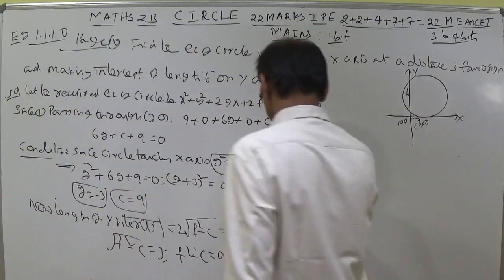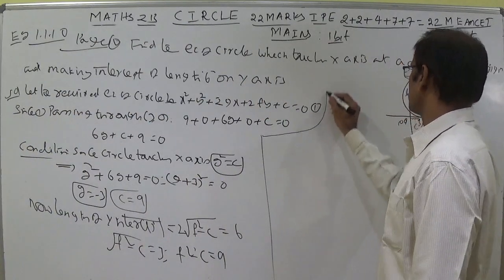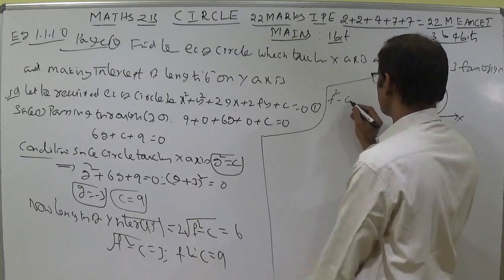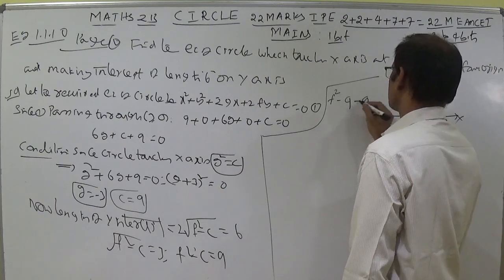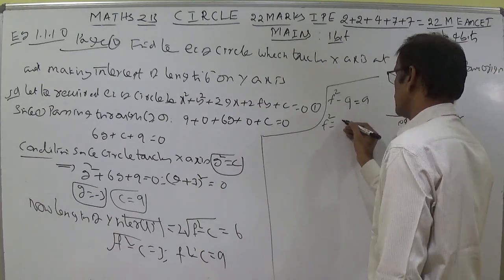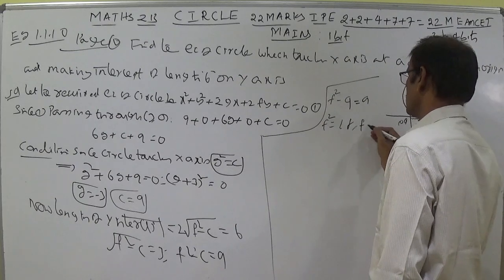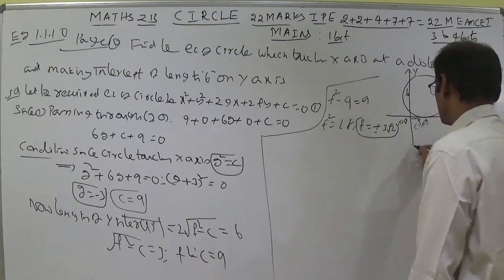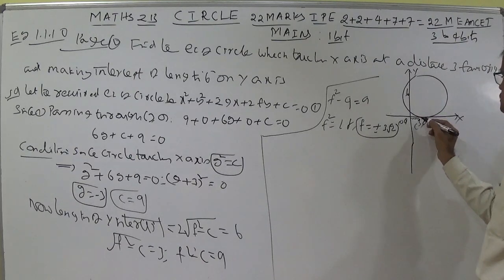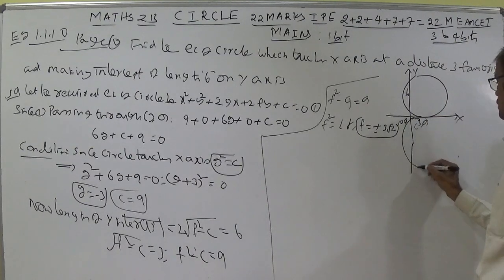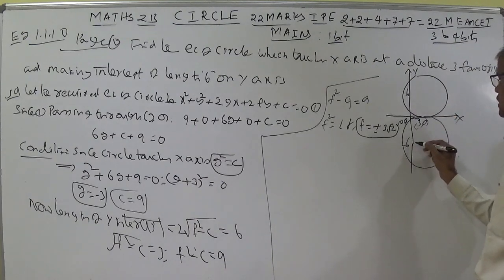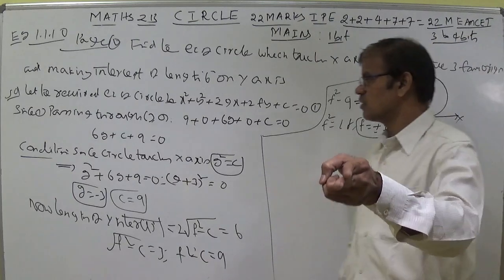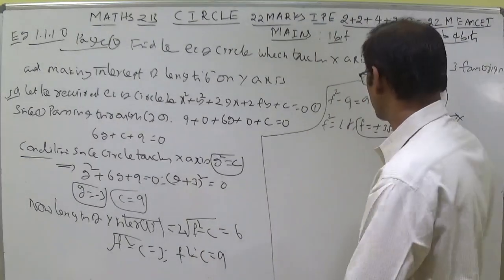Instead of c you can put 9 here: f square minus 9 equal to 9, so f square is equal to 18. So f is equal to plus or minus 3 root 2, because the circle can extend on the negative side or the positive side. So we have a chance to get 2 equations.